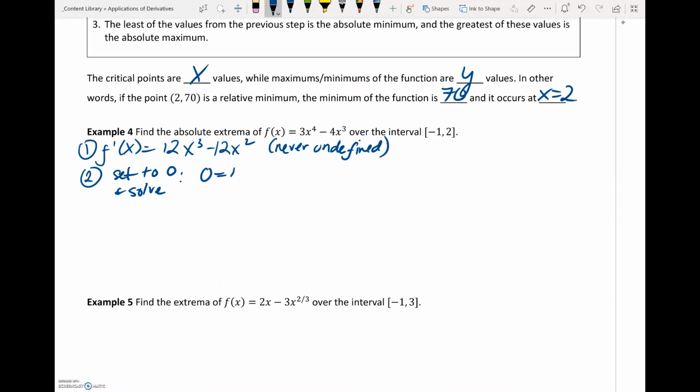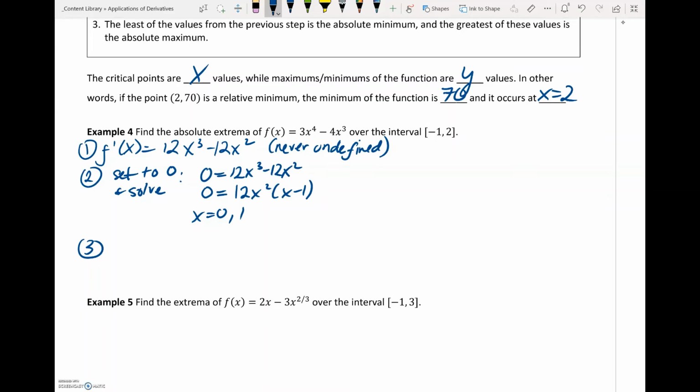So 0 is equal to 12x cubed minus 12x squared. We see a 12x squared in common between those two terms, so I'm going to factor that out. And then now we can solve for x. So x is 0 or 1. Now our next step is to see what the y values are at each of those critical points.